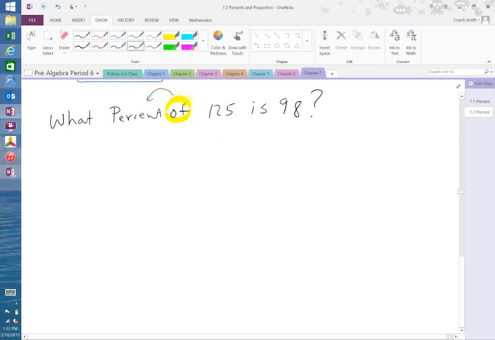We take the of here and the of there. This is B. This is P. The reason I know it's P is because it says what percent. So that would mean P, B, A. I plug it into my proportion. That's 98 over 125 equals P over 100.